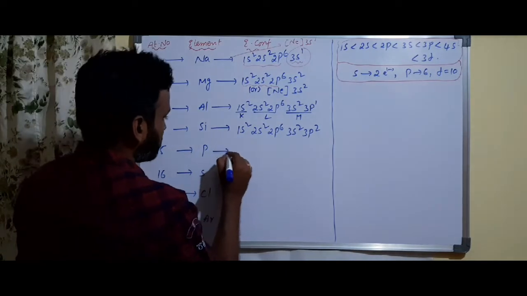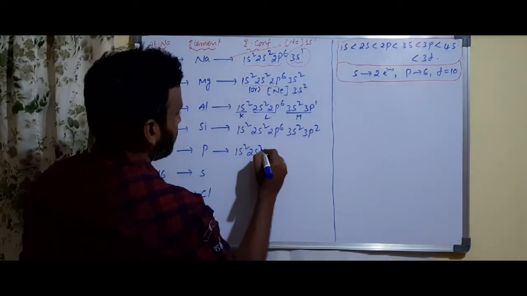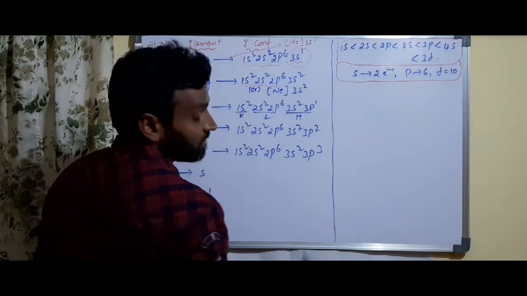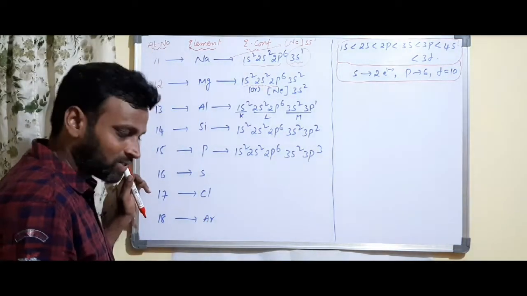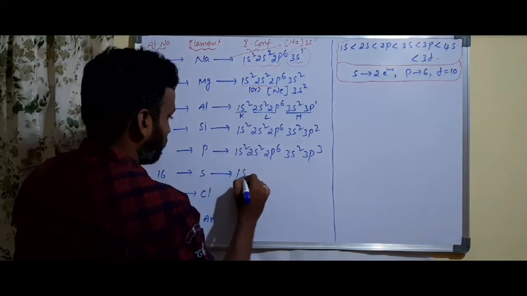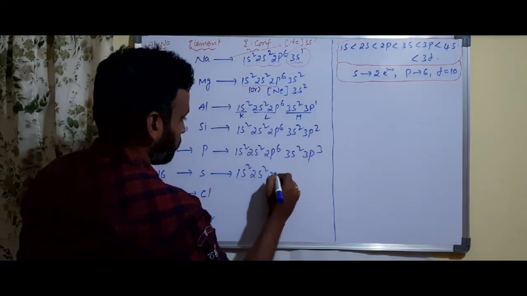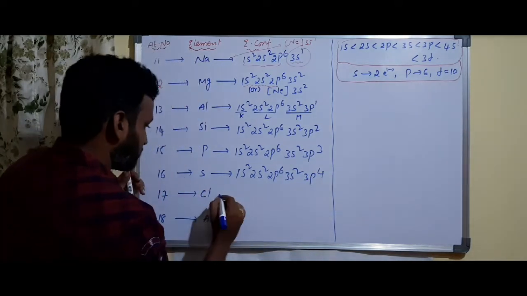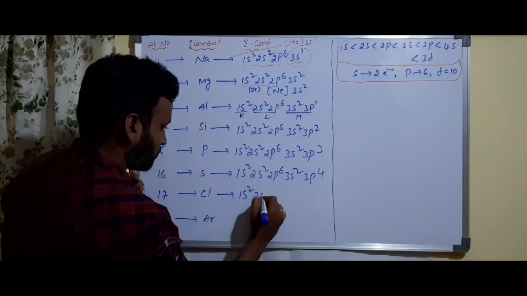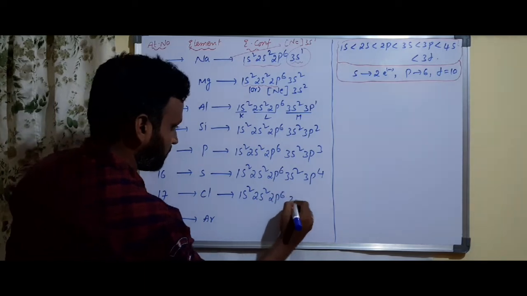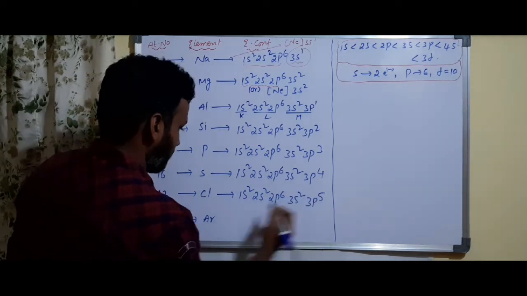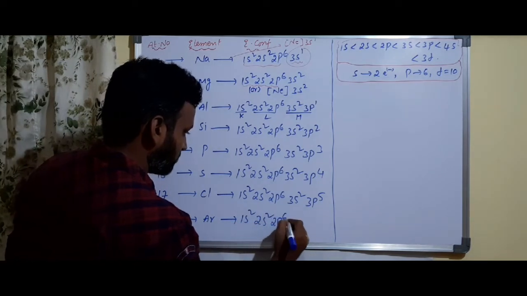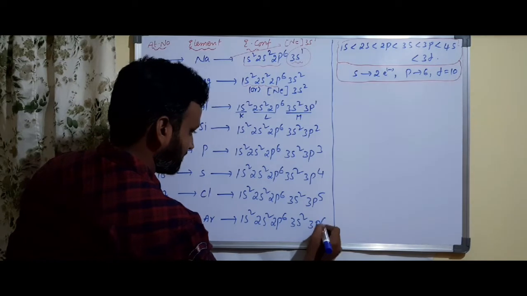Now phosphorus is 1s2, 2s2, 2p6, 3s2 and 3p3. Next, sulfur is 1s2, 2s2, 2p6, 3s2 and 3p4. Next, chlorine is 1s2, 2s2, 2p6, 3s2, 3p5. Next, argon is 1s2, 2s2, 2p6, 3s2, 3p6.